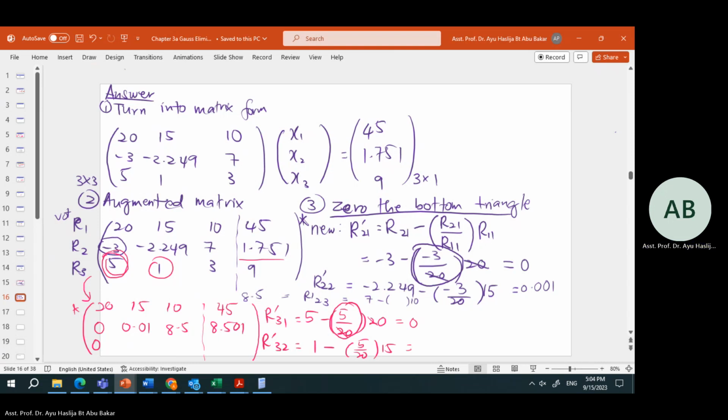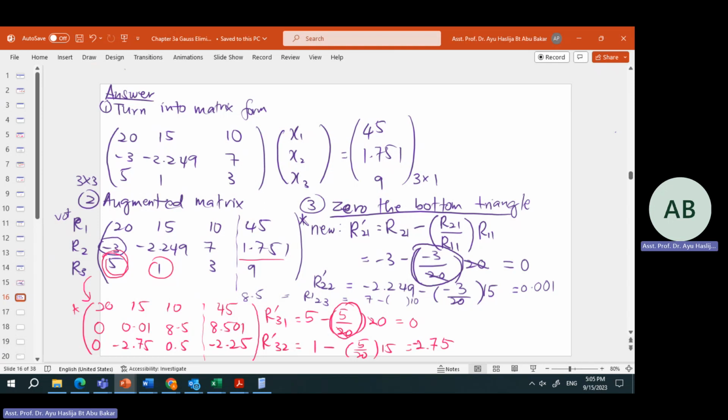What you get? Correct. Minus 2.75. Negative 2.75. Here you'll get negative 2.75. This one you should get 0.5. Then this one is negative 2.25.